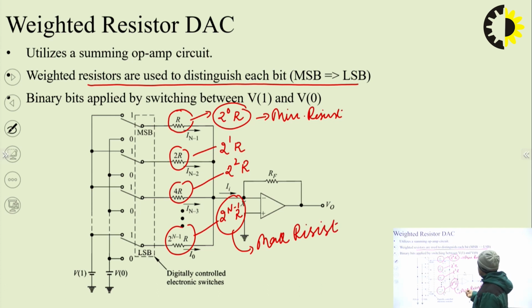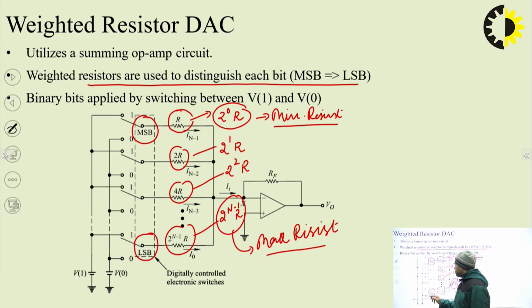So for the minimum resistance I am labeling this terminal as my most significant bit, and for the maximum resistance I am labeling my input terminal as the least significant bit. This is the general pattern, MSB to LSB.